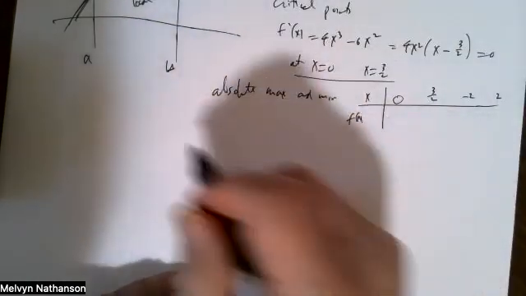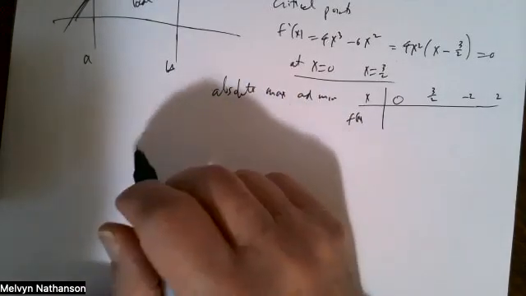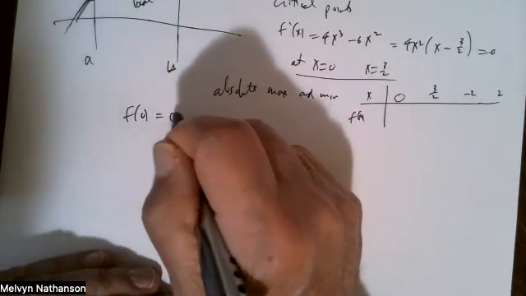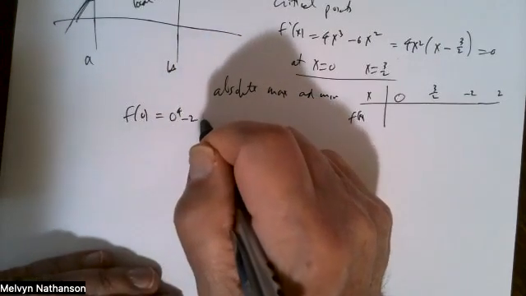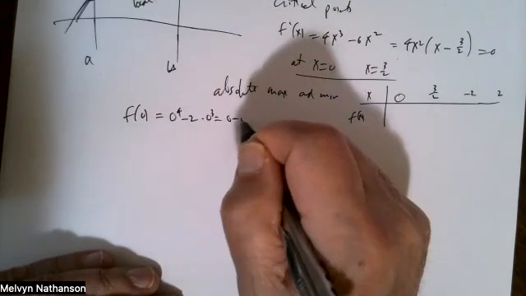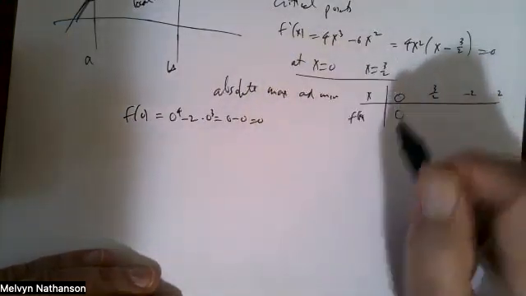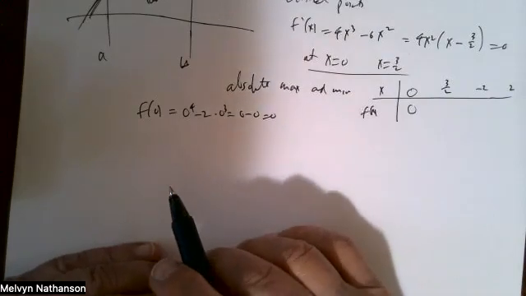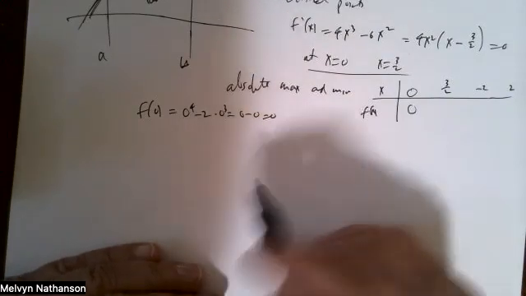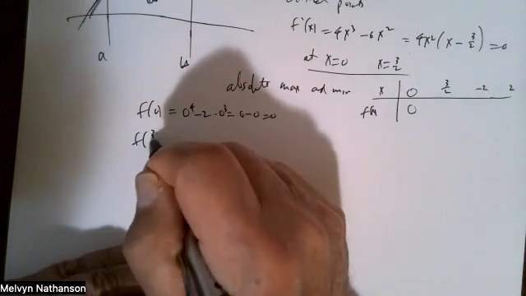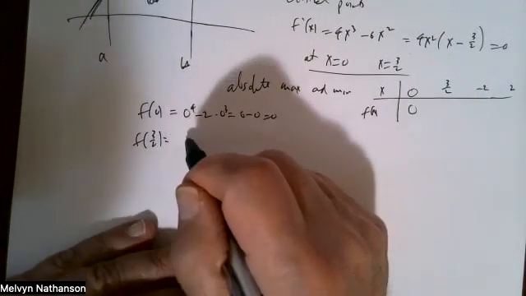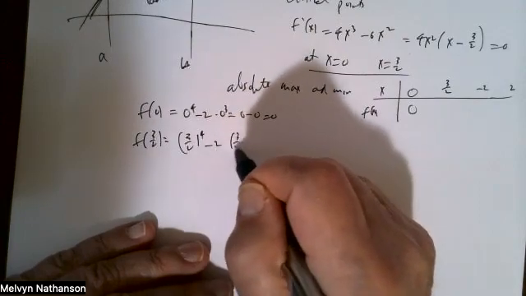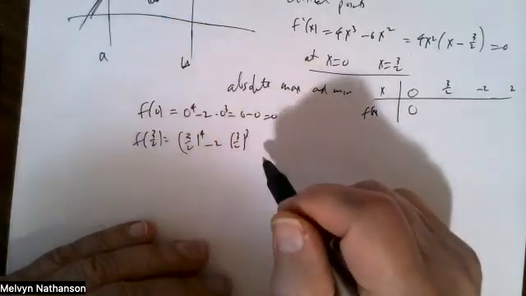So this is my function, x to the 4th minus 2x cubed. F of 0 is 0 to the 4th minus 2 times 0 cubed, which is 0 minus 0, which is 0. So at 0, this function has the value 0. What about at 3/2? F of 3/2 is 3/2 to the 4th minus 2 times 3/2 cubed.